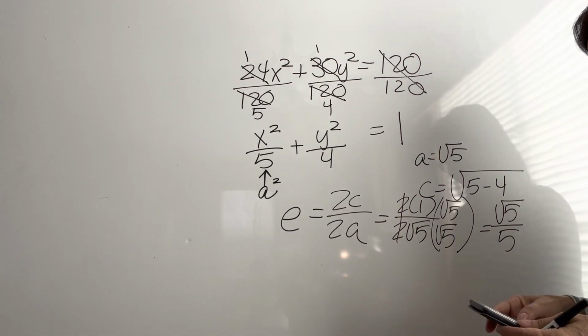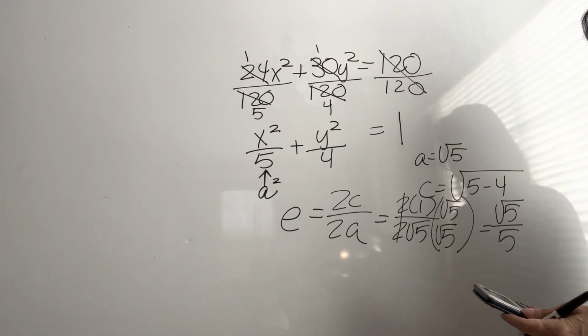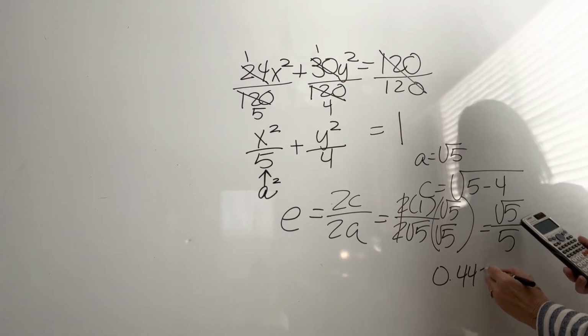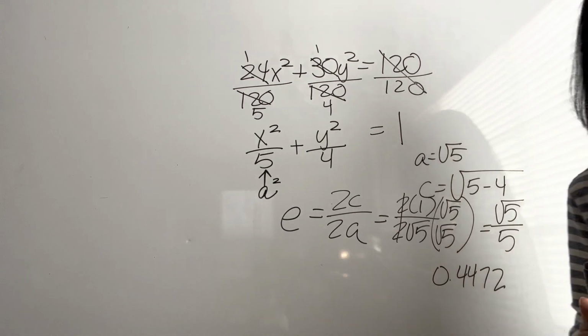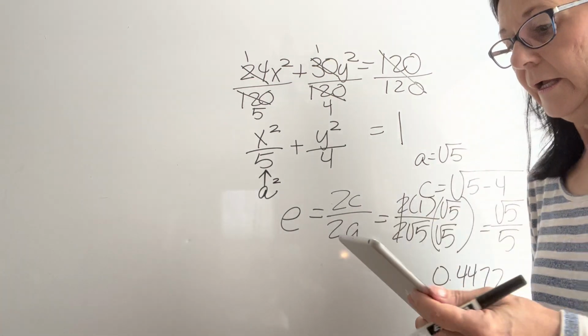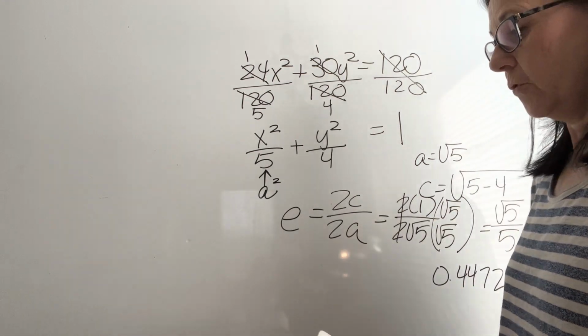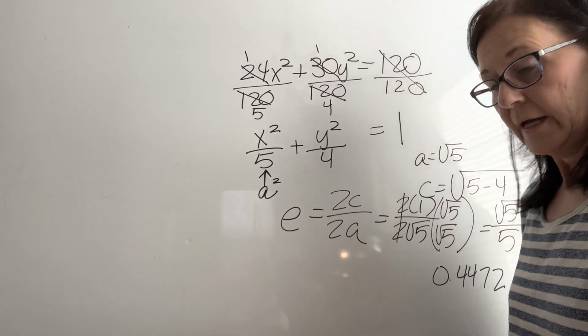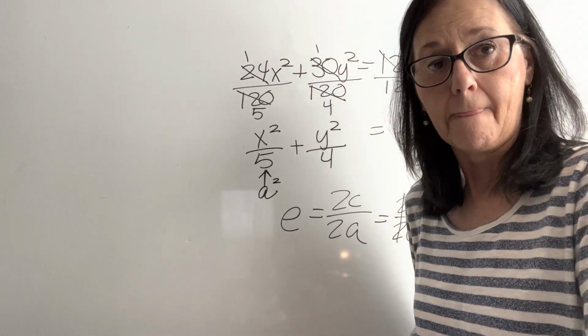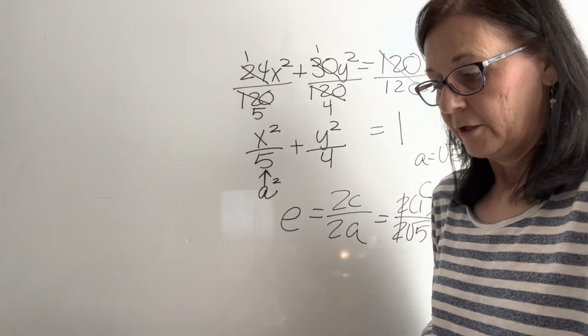So square root of 5 divided by 5 is 0.4472. Remember, eccentricity for an ellipse should be between 0 and 1. Eccentricity for a circle is 0. Eccentricity for a parabola would be 1. And a hyperbola greater than 1.